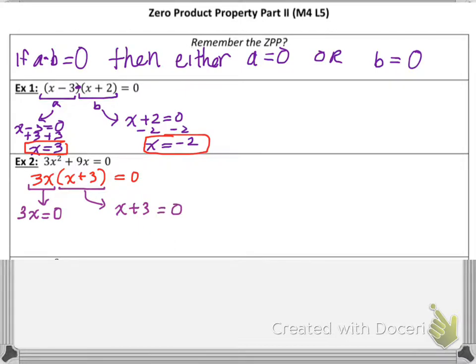In 3x equal to 0, I divide by 3 and get x equals 0, because 0 divided by 3 is still 0. And then here I just subtract 3, and I get x equals negative 3.